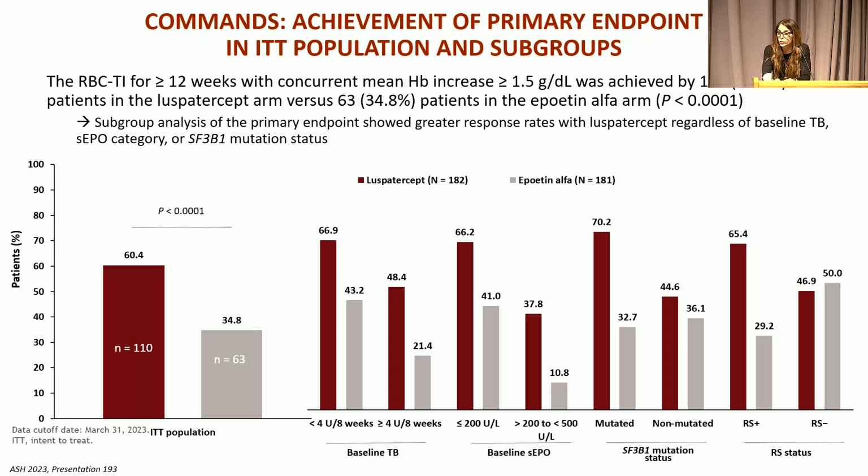The presence of mutation of SF3B1 remains a prognostic factor of response to the drug, together with the presence of ring sideroblasts. The important thing is that patients who didn't have ring sideroblasts seem to respond better to epoetin alpha.